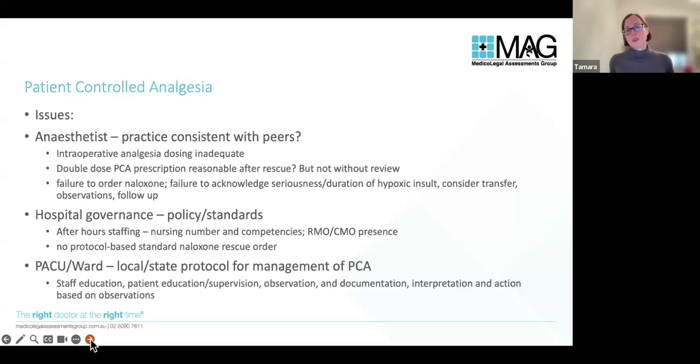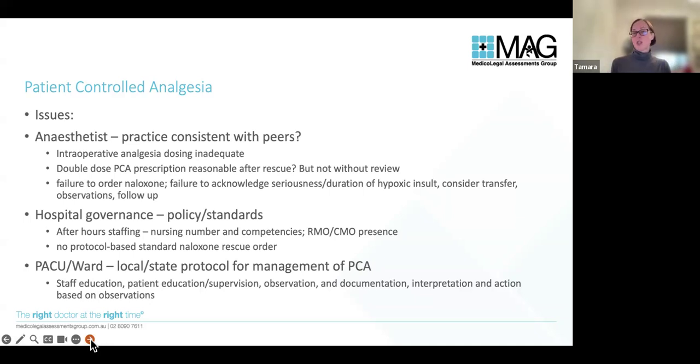I mean, we've certainly got some information in terms of professional guidelines, but basically a lot of my assessment of this particular case was just to do with practice consistent with peers in terms of the intraoperative choice to dose from the beginning.